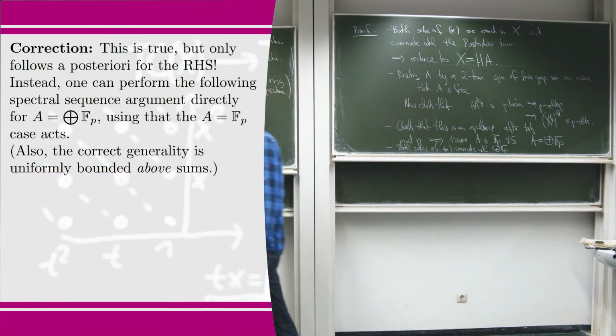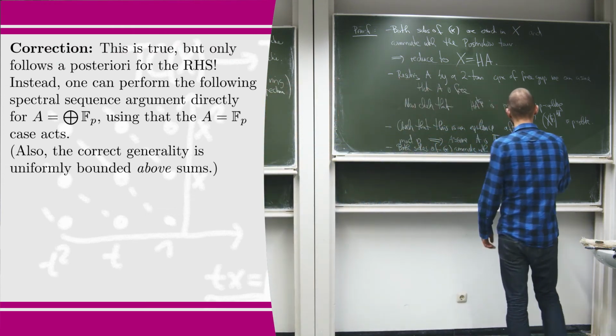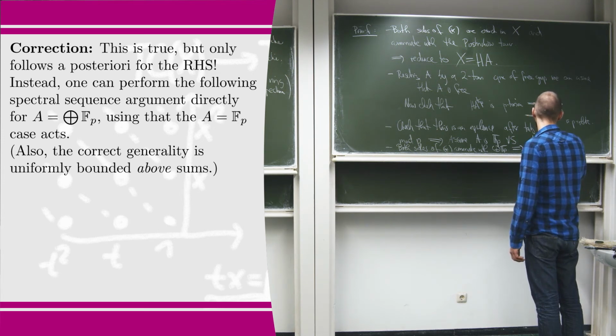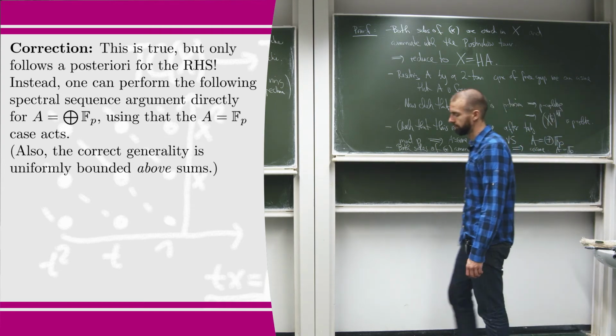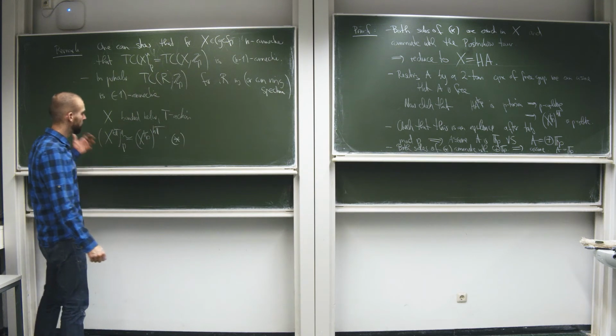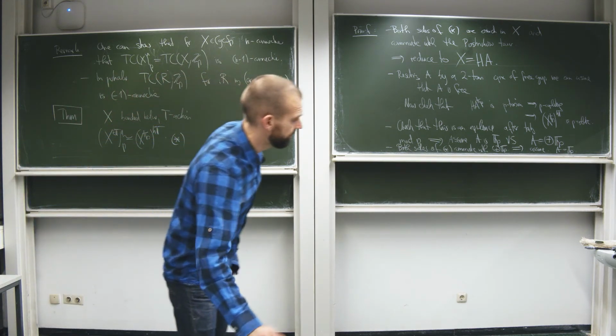So more generally, both sides commute with uniformly bounded below direct sums. So direct sums of connective guys. So this means finally we can assume A is equal Fp. Okay, so this reduces me to proving this equivalence if A is Fp. Let me do that.